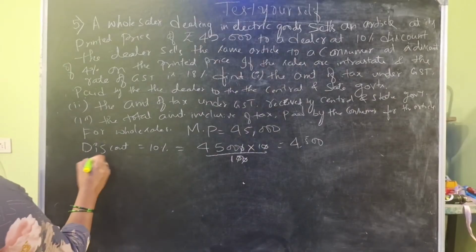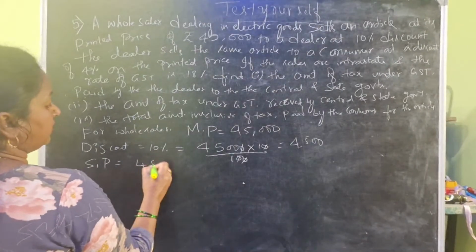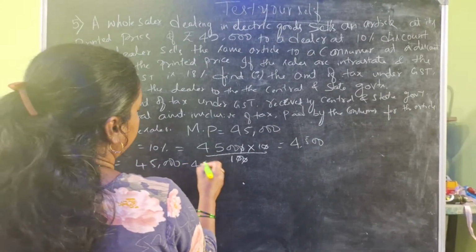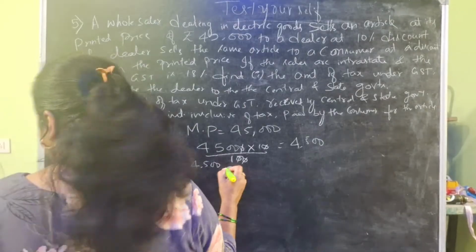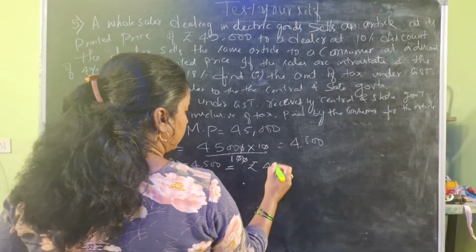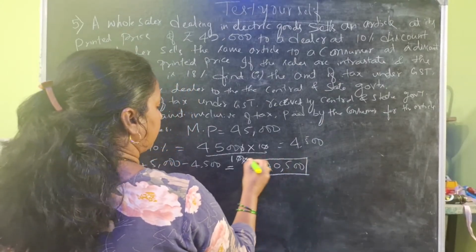So here the selling price is equal to 45,000 minus 4,500, which is equal to rupees 40,500 is the selling price.